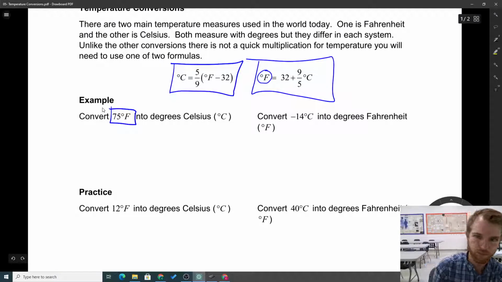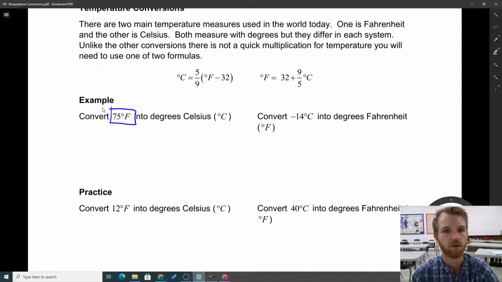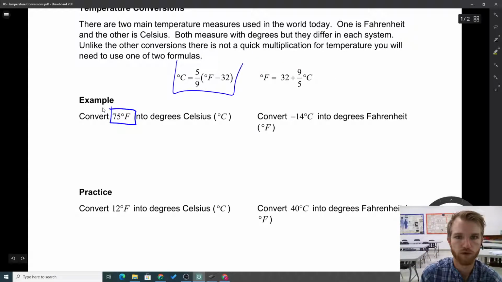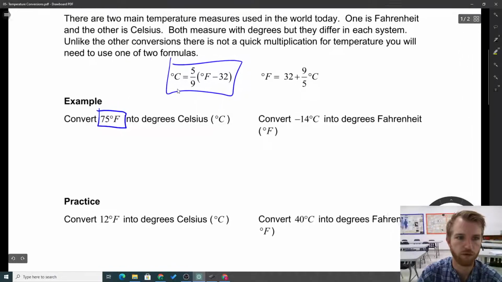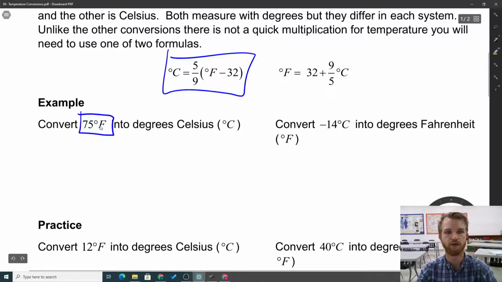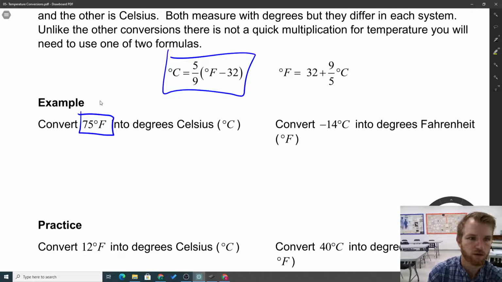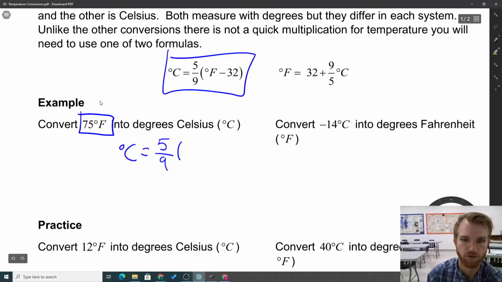Now that we know that, we're going to use this equation to convert from Fahrenheit into Celsius. I'm just going to write out the entire thing here. This is saying the degrees Celsius is going to be equal to 5 divided by 9 multiplied by what's in brackets here.